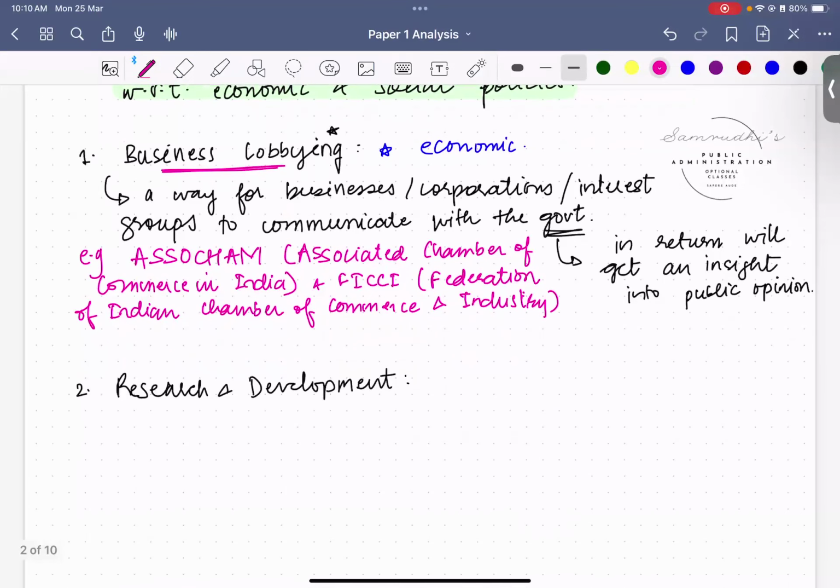These two in particular influence the economic policies.